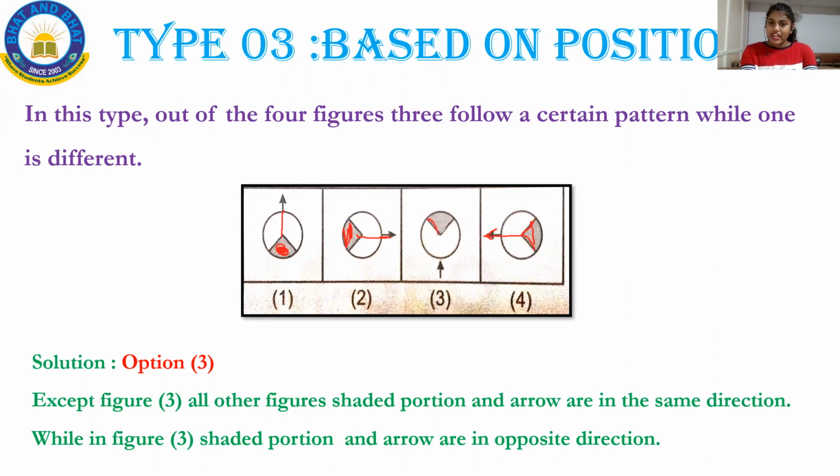This is my shaded part, but the arrow is in this direction. So it is wrong. For it to be correct, the arrow should be like this. So they have given it wrong. Therefore, option 3 is the answer. We have to take out the one which does not belong to the group. Did you understand this?